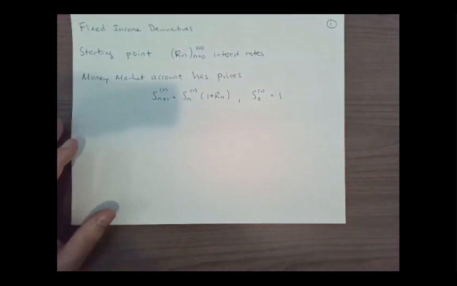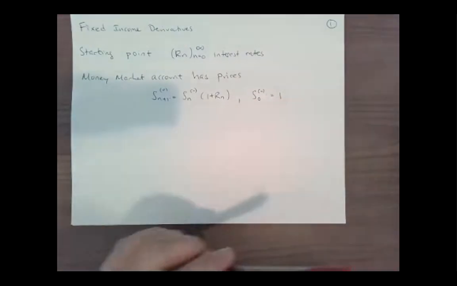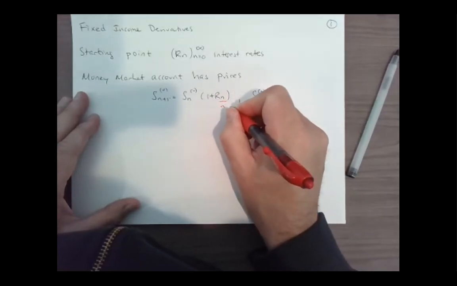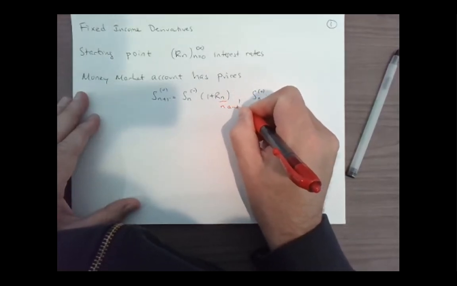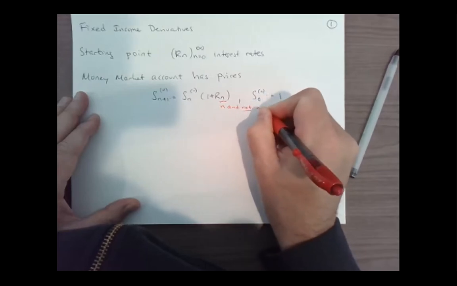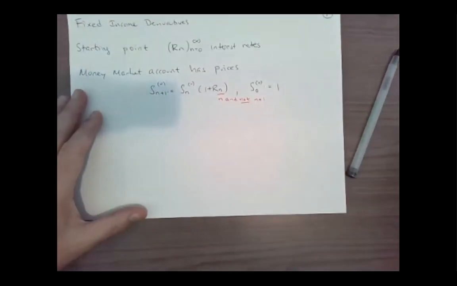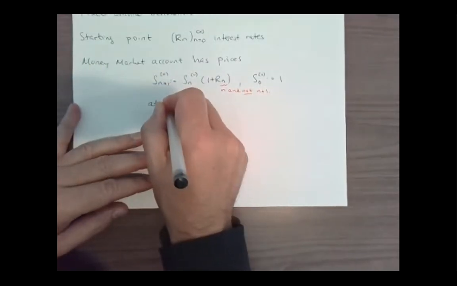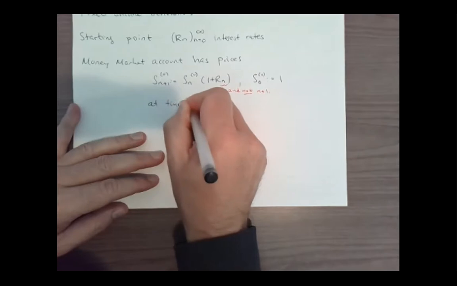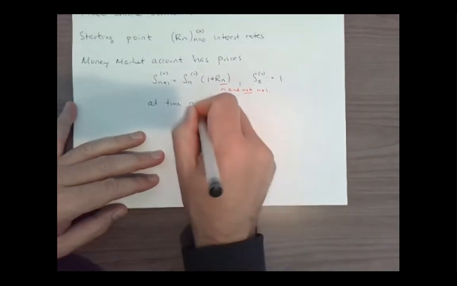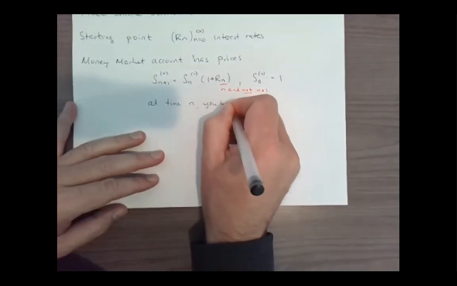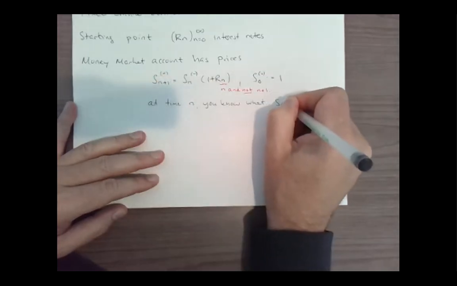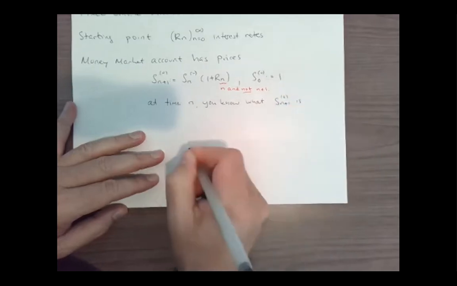And so the thing to note here is the indices. This one here is n and not n plus 1, right? So what it means is that at time n, you know what S_{n+1} is.